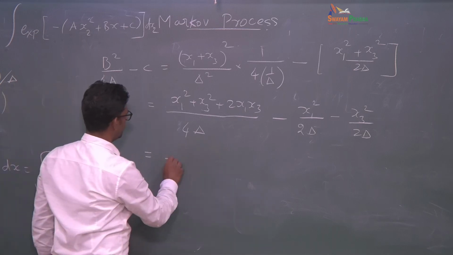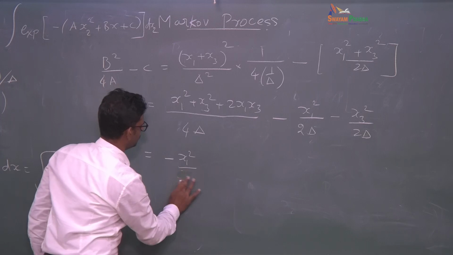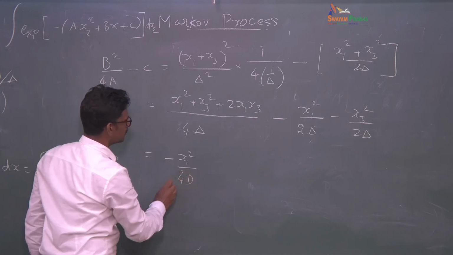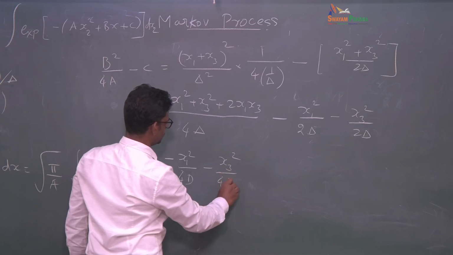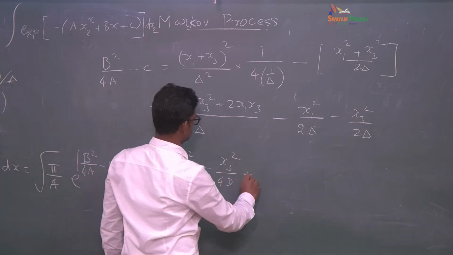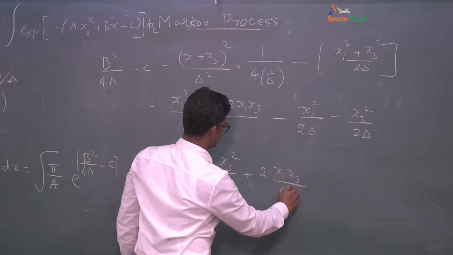So from here you will get minus x1 square by 2 delta, sorry, by 4 delta, minus x3 square by 4 delta, plus 2 x1 x3 by 4 delta.